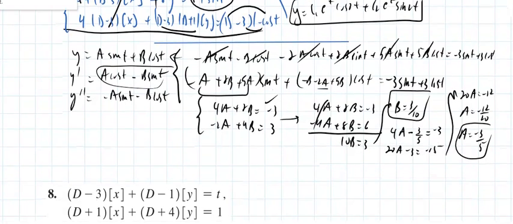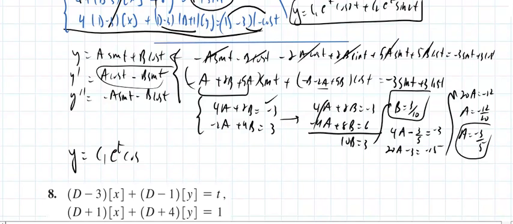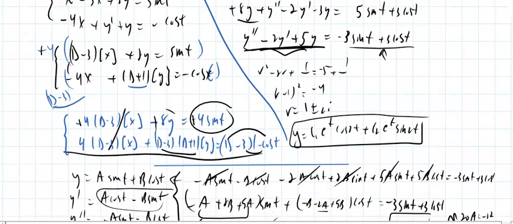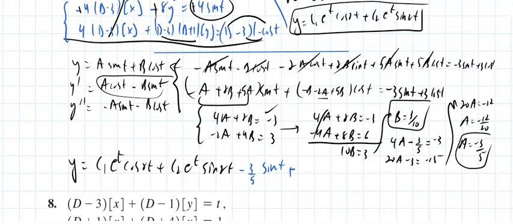So in this case, I get the solution to be y equals c sub 1 e to the t cosine of 2t plus c sub 2 e to the t sine of 2t plus negative 3 over 5 sine of t plus 3 over 10 cosine of t.